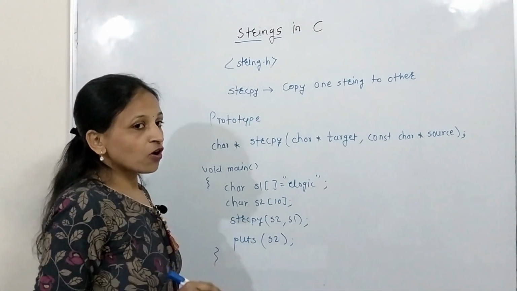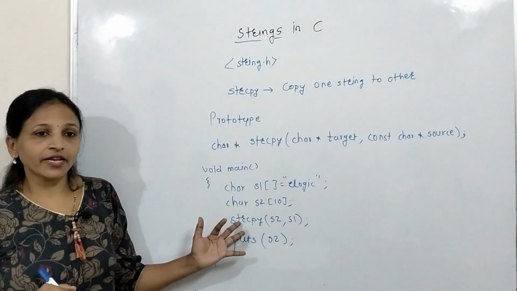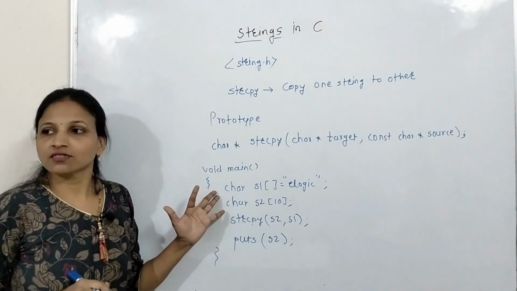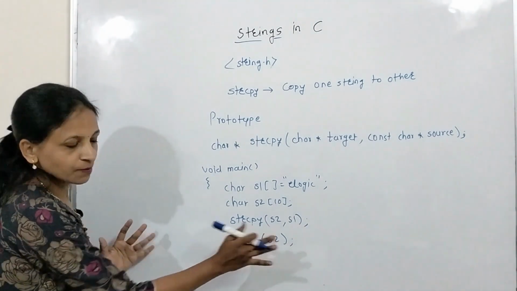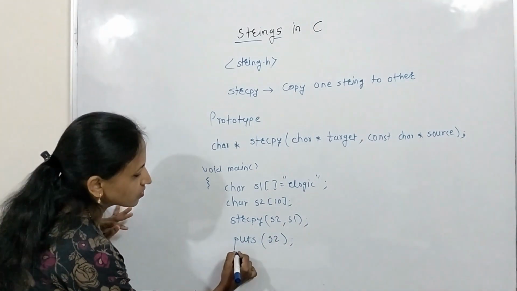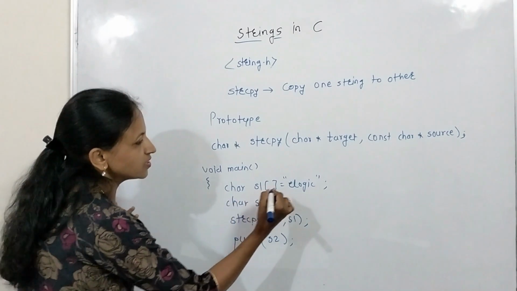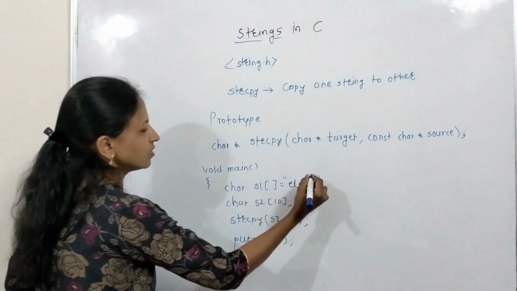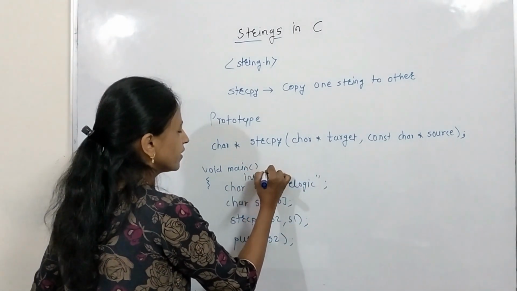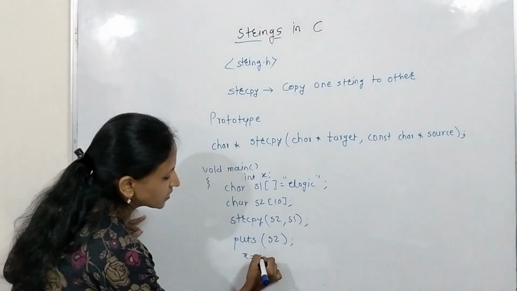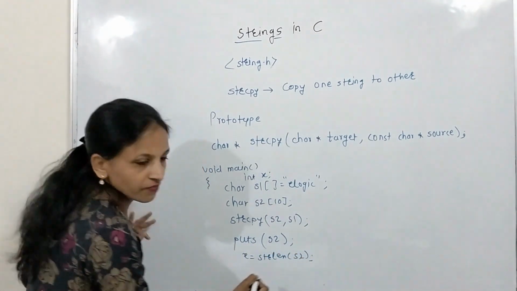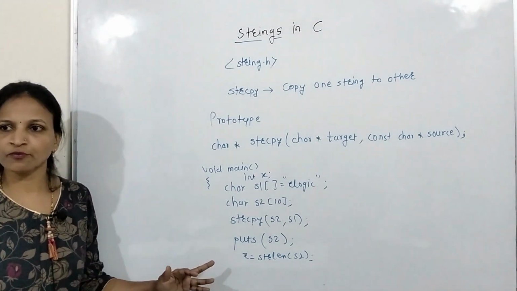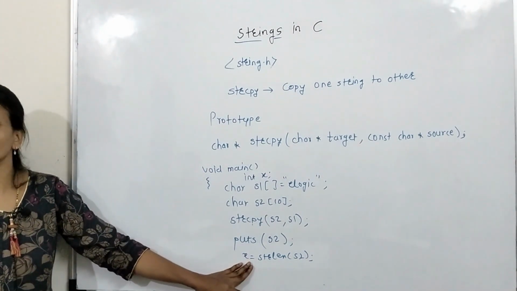See, I want to calculate the number of characters in that target string. Then we can use it in this way. After displaying s2, I will find out like this. Let there be one integer variable, let int x. I can write x is equal to strlen of s2, in this way we can use the strlen function, no problem, and after that we will display the value of x.